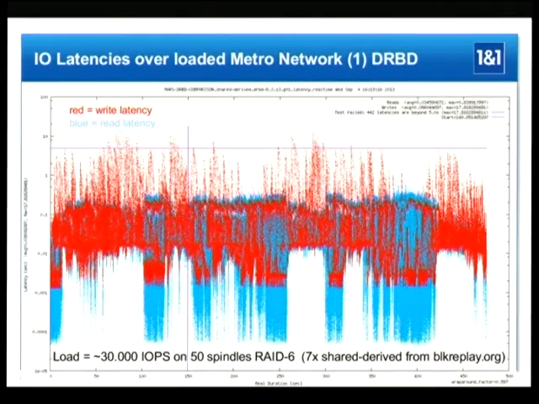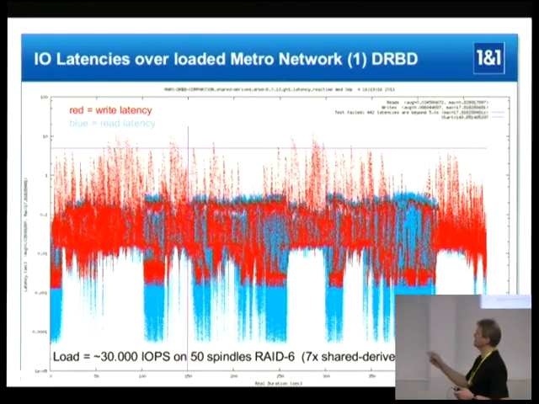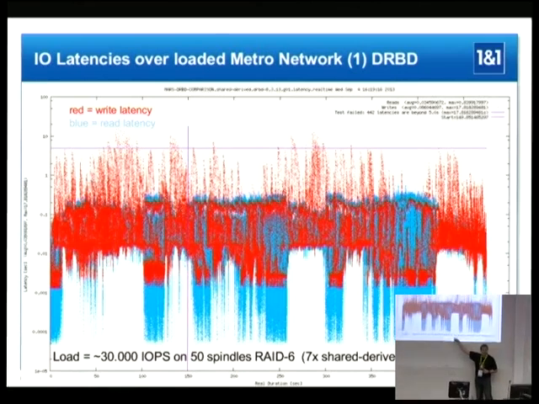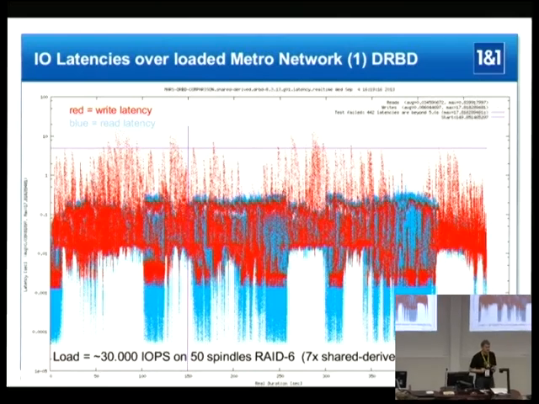Yes? How do you define application performance? Sorry, please, louder. How do you define application performance? The application performance. Yes, I also have slides for that. So this is a block replay with a real load. You also have the blkreplay project, which does some benchmarking of block devices. And this scenario is about 30,000 IOPS on a 50 spindle RAID with very fast disks, the 15K spinning disks.